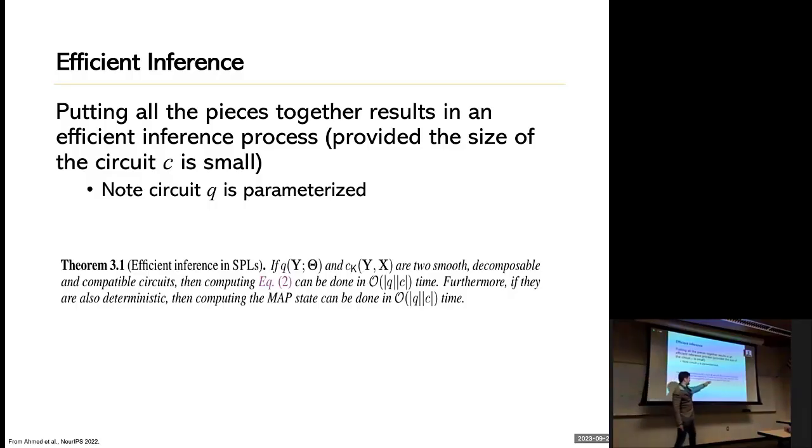Q is something you get to pick how big it is, based on how many correlations you want to capture. C comes from your logical formula. And so if you only have a small number of constraints and it doesn't blow up when you do the conversion, this actually ends up being pretty fast.